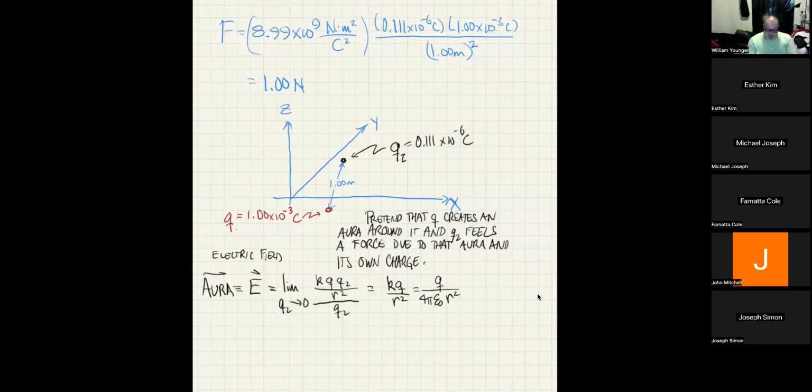Okay. Now, in order for this all to be equal, it has to have a vector quantity to it.